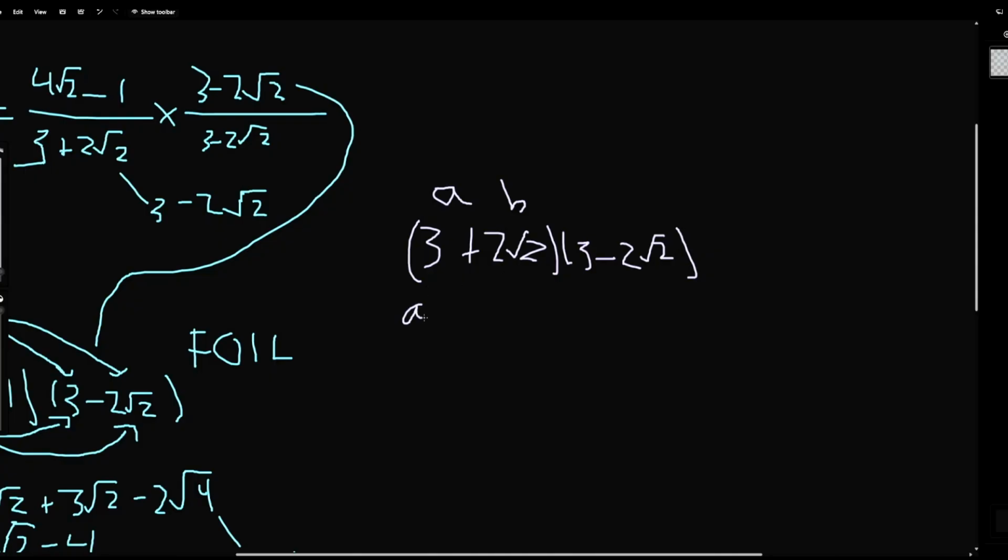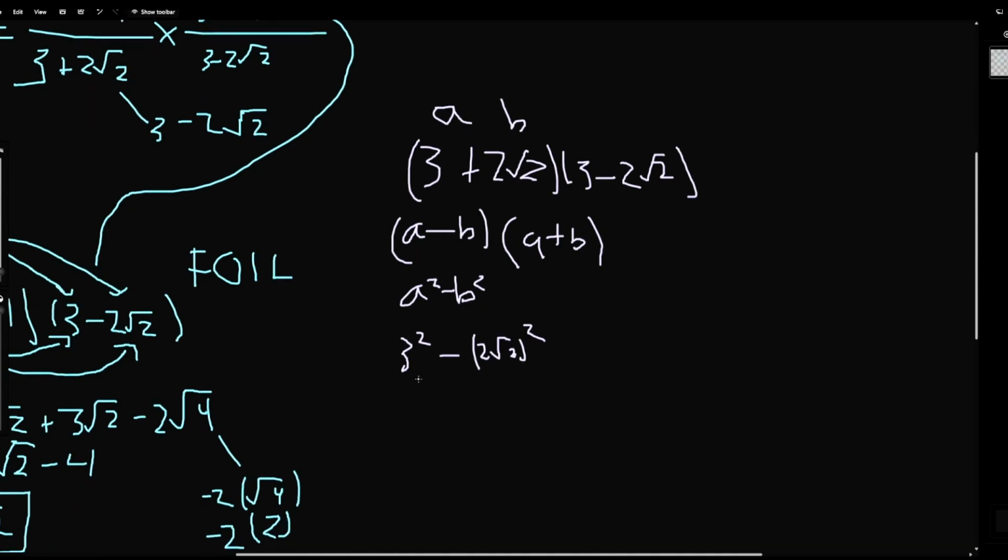So we know from the difference of squares formula, (a − b)(a + b) always gives us a² − b². In this case, this is our a, this is our b, so it should be 3² minus (2√2)², which gives us 9 minus 4 times 2. 9 minus 8 equals 1. This is our denominator.